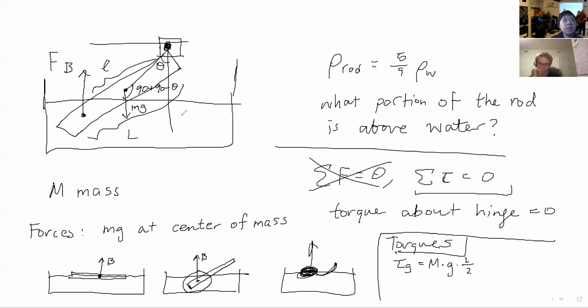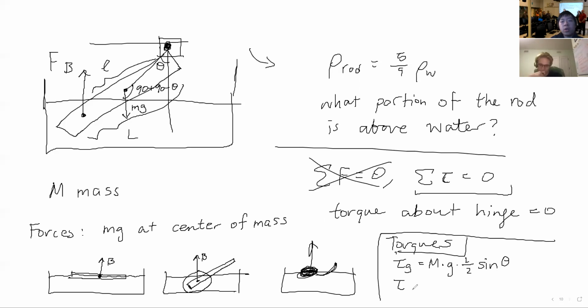So sine of 180 minus theta becomes sine of negative theta, but we just take the magnitude, as the torque pointing in this direction. So mg L/2 sine theta.